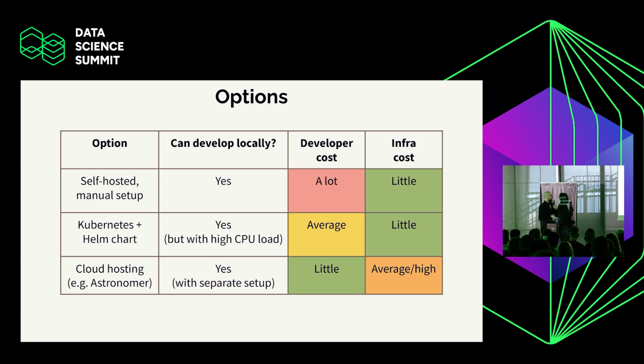And you can also develop locally, but you need some separate setup. So you have to consider carefully the developer cost versus the infra cost in your solution. Check out, for example, costs of orchestrators on AWS, on Astronomer, on GCP, because they can differ a lot, also between orchestrators. And you should consider all those costs together, also the local development, when you choose your orchestrator.